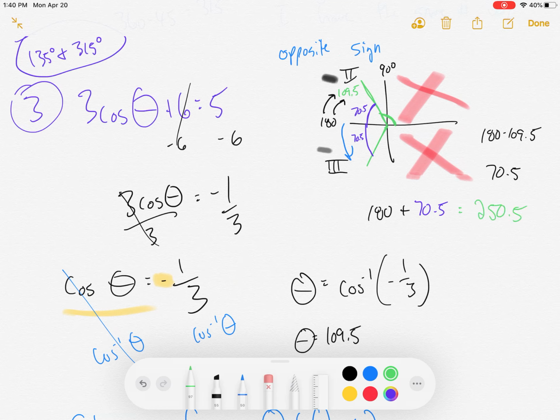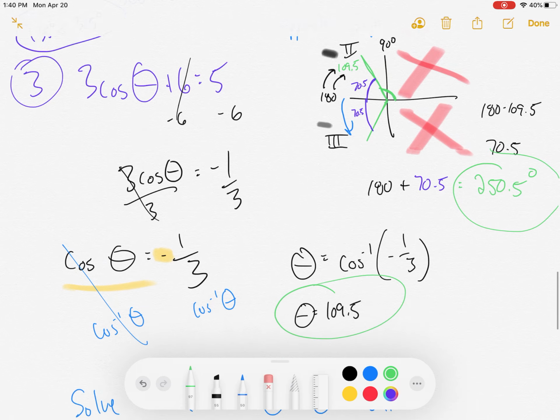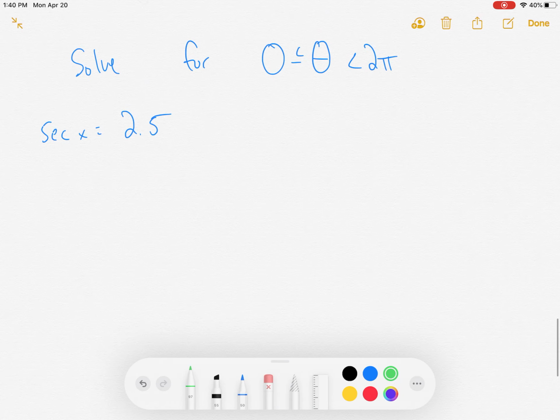So I get 180 plus 70.5, and I get 250.5. Your two answers for theta should be 109.5 and 250.5.